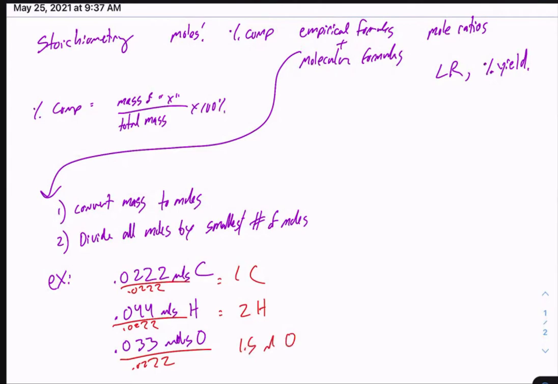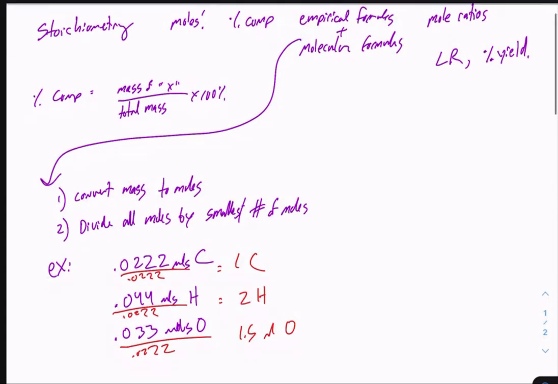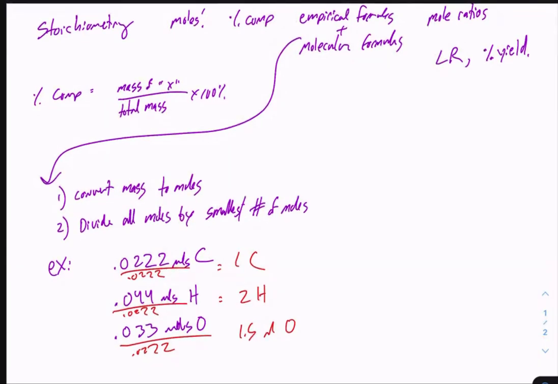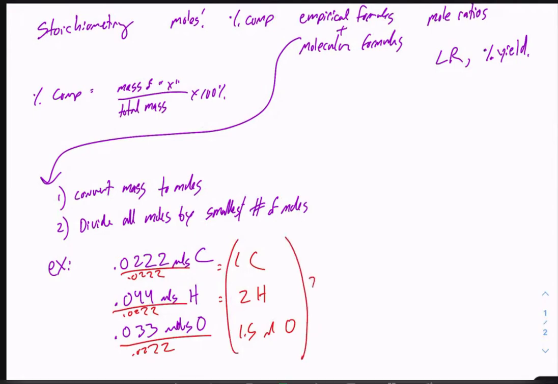So that 1.5, you cannot just round that. It is significant that it is in between 1 and 2. So you should recognize that as 3 halves, in which case when you have an easily deducible fraction, multiply everything by whatever will resolve that.